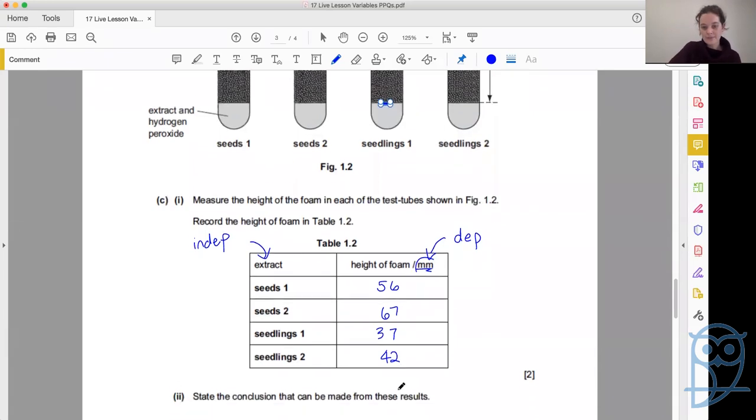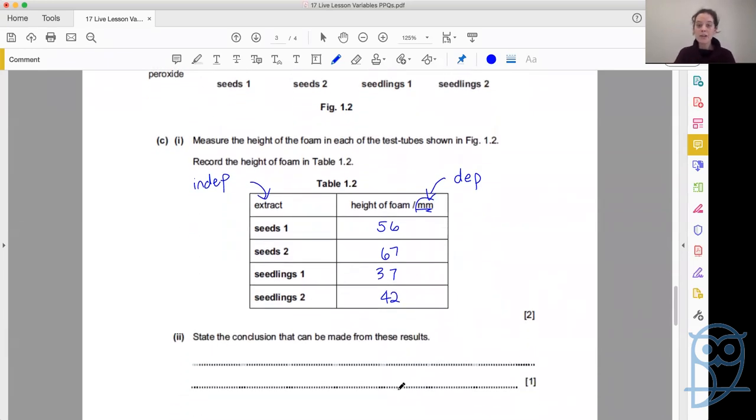State the conclusion that can be made from these results. So what is the conclusion that we get? Again, the conclusion is going to link to the effect of the independent variable. We want to group these two, and we want to group these two. We can see 56 and 67, both higher than 37 and 42.